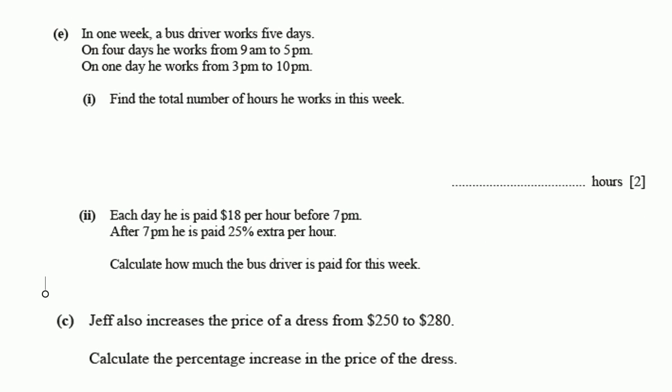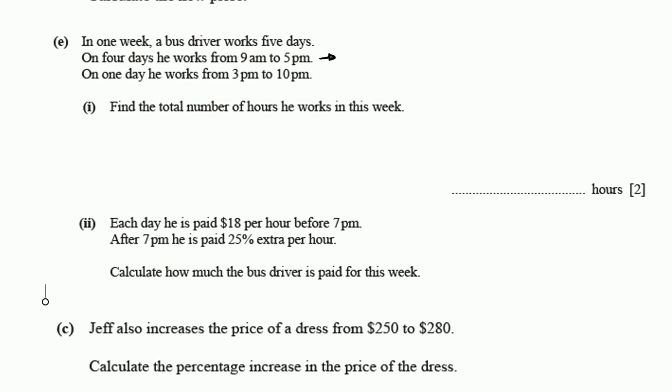In 1 week, a bus driver works 5 days. On 4 days, he works from 9 to 5. And on 1 day, he works from 3 to 10. We want to work out the total number of hours he works this week. So this is not really a percentage question, but let's break it down, because it's going to get to a percentage question at the end. So from 9 to 5, that's 8 hours, and he does this on 4 days.